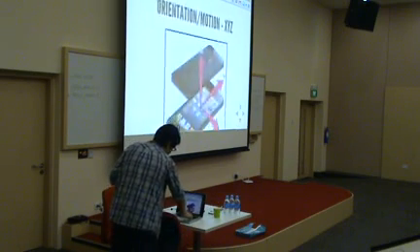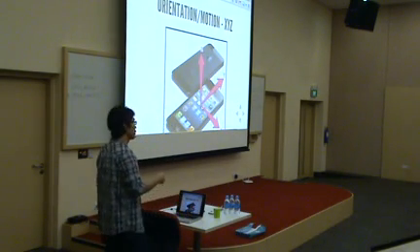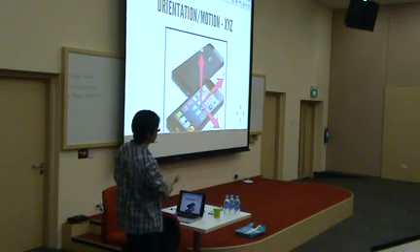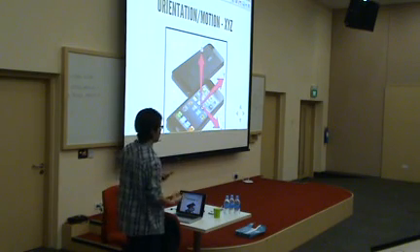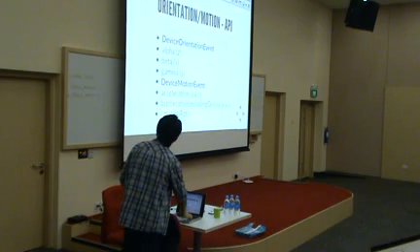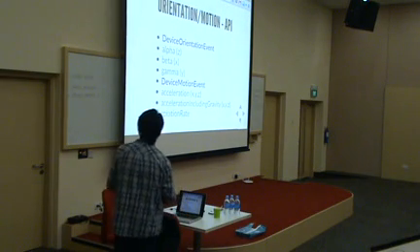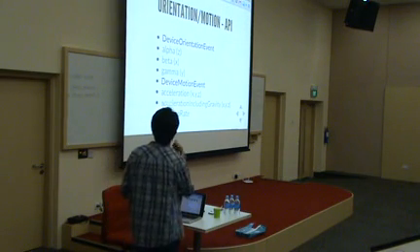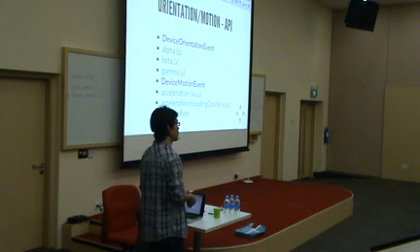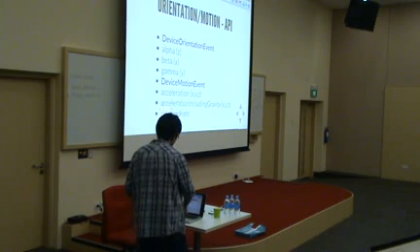It's a three-dimensional thing. Left to right is X, bottom to top is Y, and back to front is Z. And these events have X, Y, Z values to tell you how the phone is rotating and how the phone is accelerating.